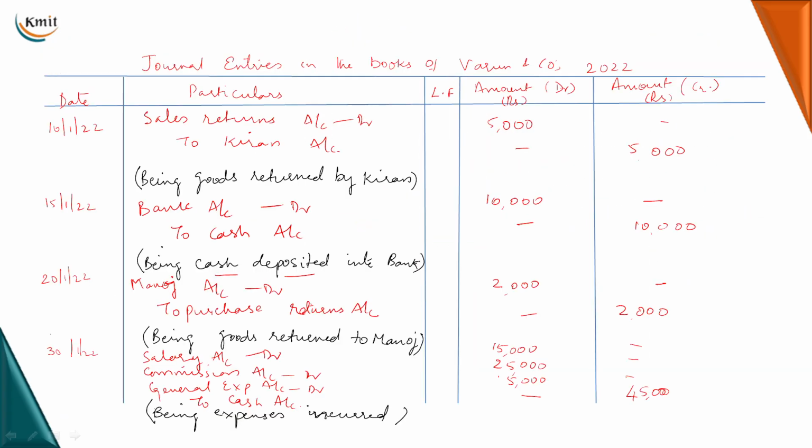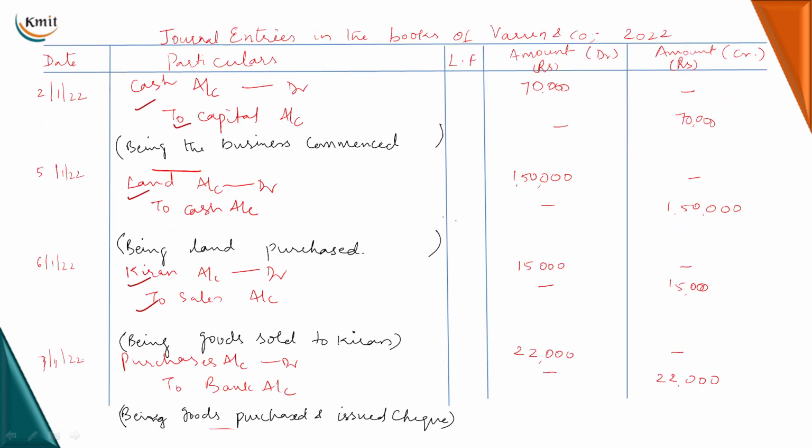Now let us move on to learn about the procedure, how we post these journal entries into the ledger book. To begin with, let us take the first transaction, that is cash account debtor to capital account. As we read this first entry, the first account which we are going to select for posting the entry will be your cash account.